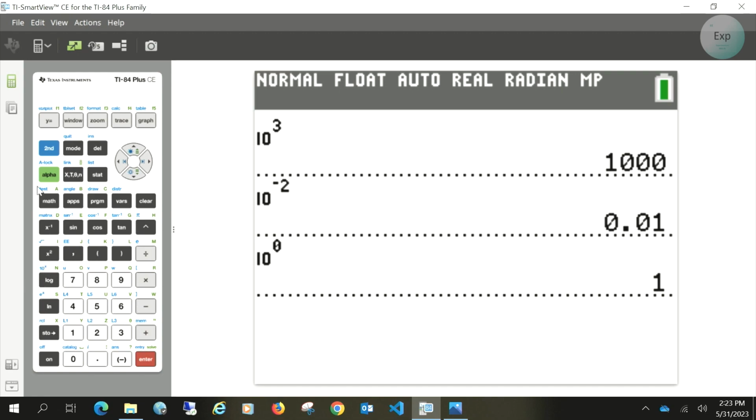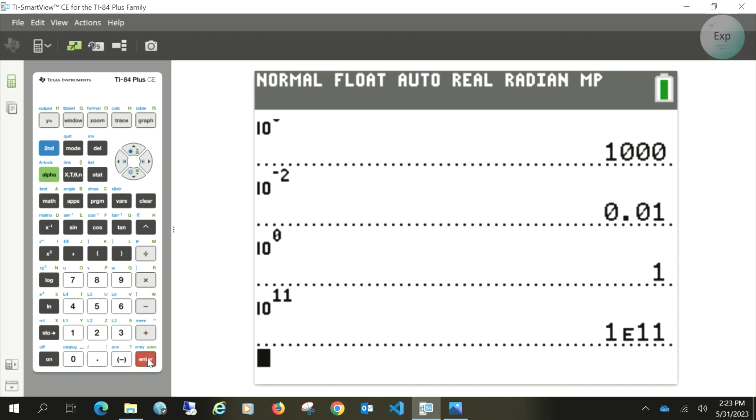If I want to raise 10 to a larger power, say to the 11th power, notice I get a rather unusual looking answer. I get something that says 1e11, which means 1 times 10 to the 11th power. This is scientific notation.